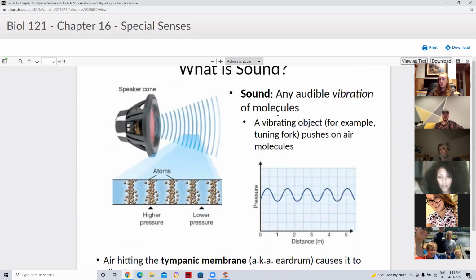Sound, by definition, is any audible vibration of molecules. You hit a tuning fork, and it starts to vibrate. How do you hear it? Because your tympanic membrane is going to start vibrating at that same frequency.